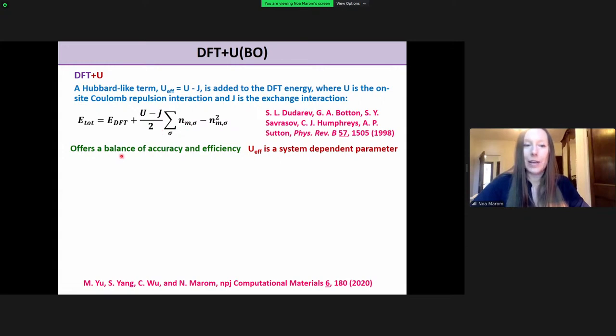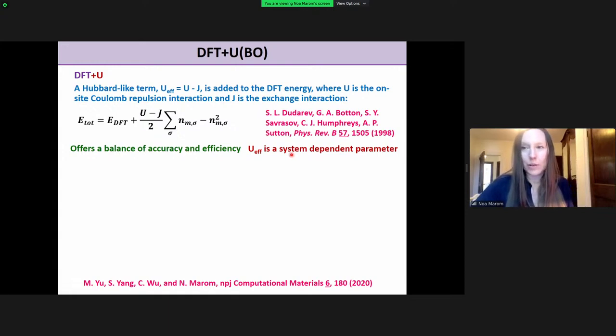And the advantage of this is that it has the same computational cost as semi-local DFT. The problem with it is that now you have this effective U parameter, and it's a system-dependent parameter, and you have to figure out what value of U to use.